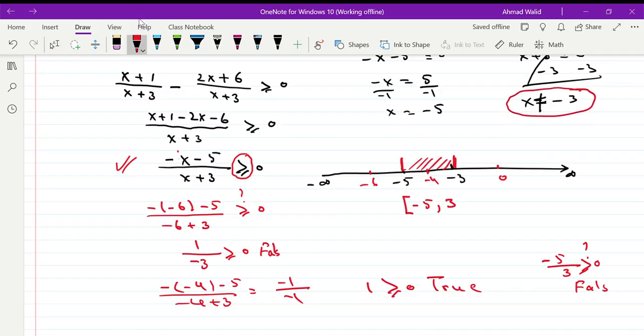For vertical asymptote, please remember, always use parentheses. Even your inequality has an equal sign, but for vertical asymptote or in a simple language for denominator, always use parentheses, correct? That will be the final answer for your rational inequality.